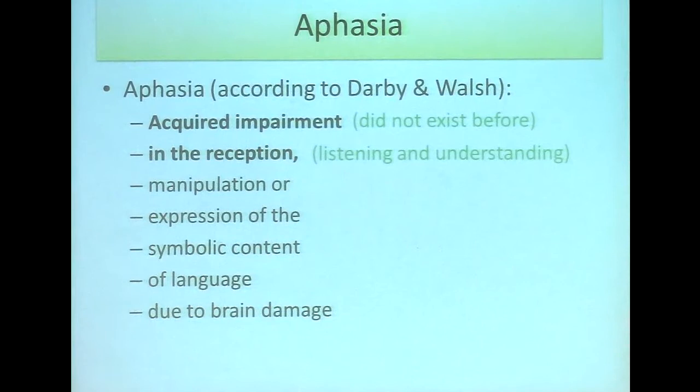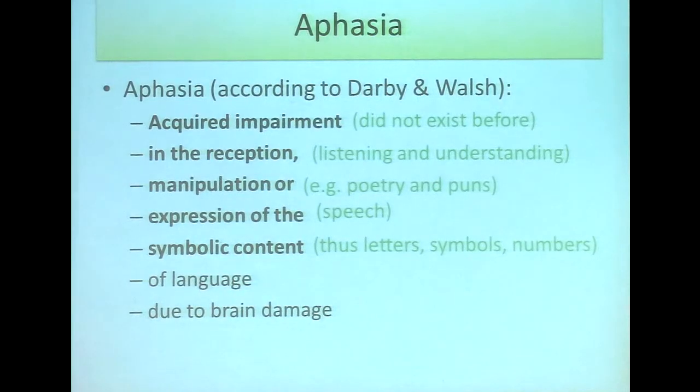In the reception, which means listening and understanding. Manipulation, which is the use of language, like with poetry, puns, that kind of thing. And the expression, which is speech. Symbolic content. Now, when we think of language, we think mostly of letters, which are symbolic.